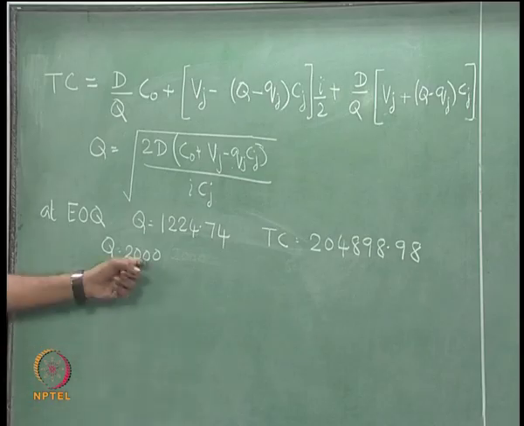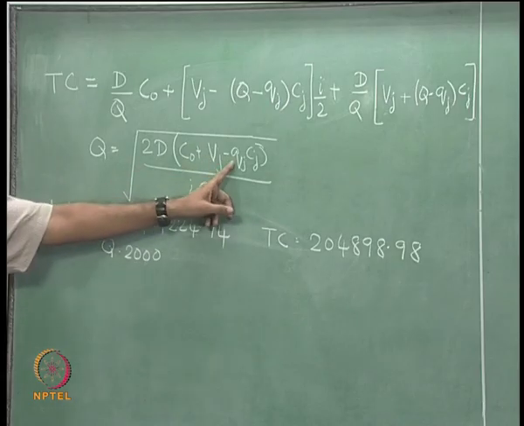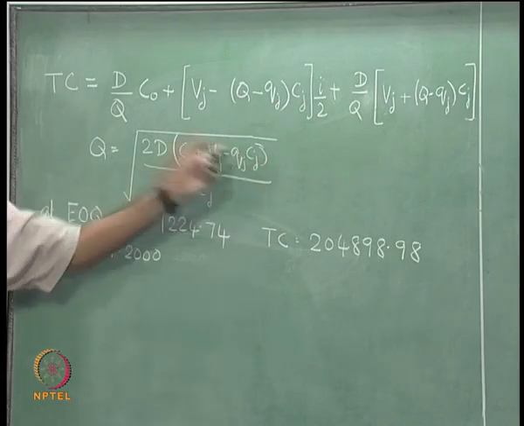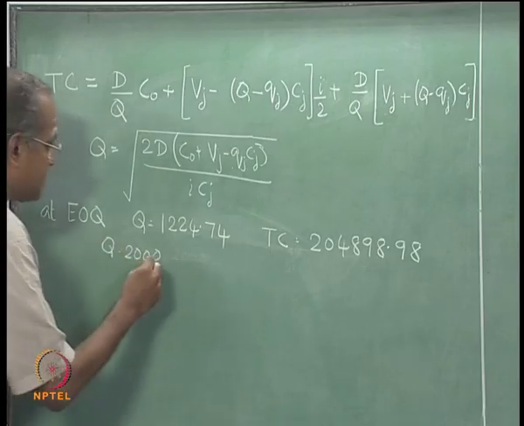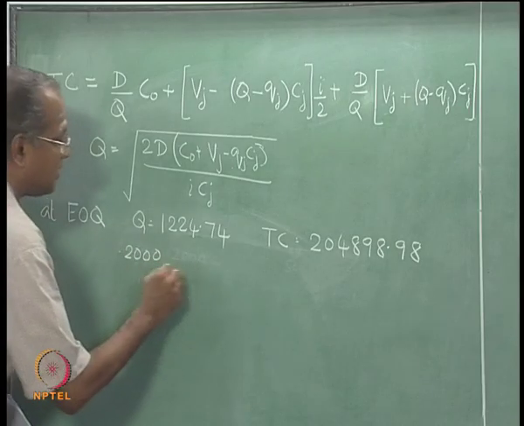At 2000, if I had not availed the marginal discount, I would have paid 20 rupees. If I avail the marginal discount, I pay 19 rupees. Therefore, 2000 into the balance 1, that is our Vj minus Qj Cj.